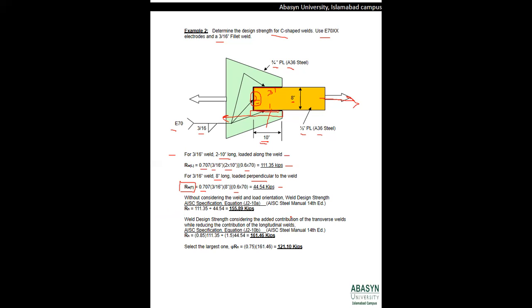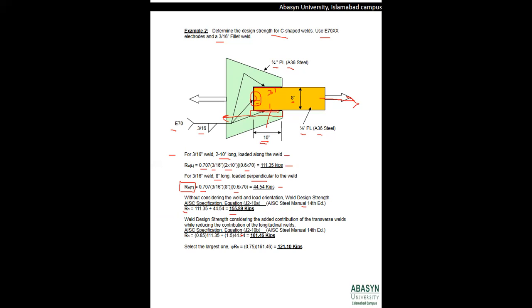Now, if we find the design strength as per the AISC manual, 14th edition, it says that the total nominal strength, the summation of the strength of all these welds, comes out to be 155.89 kips.